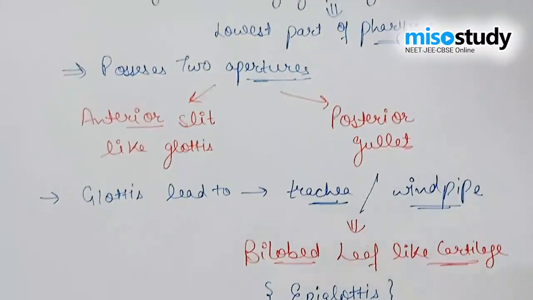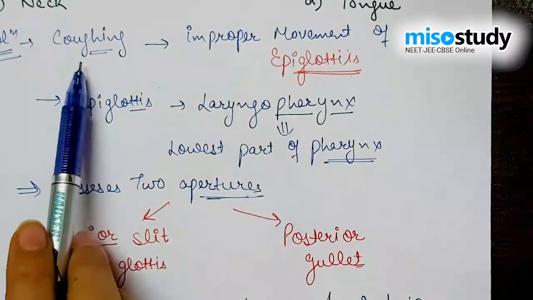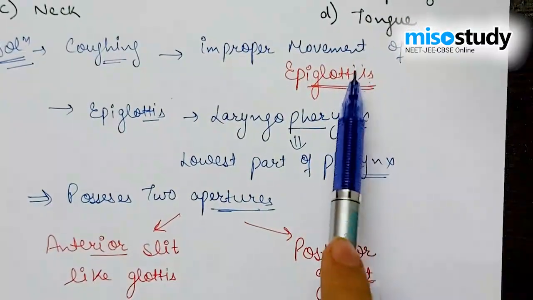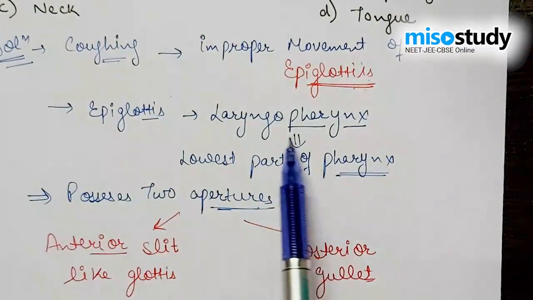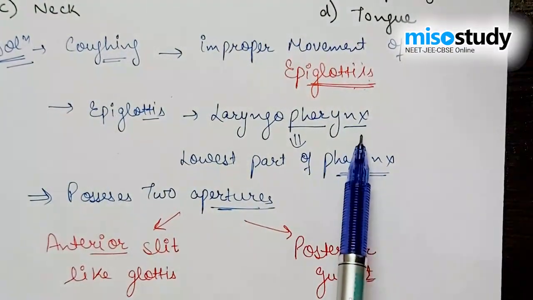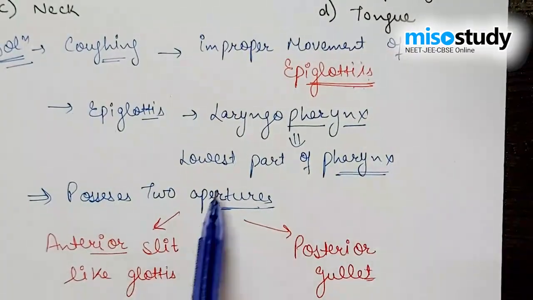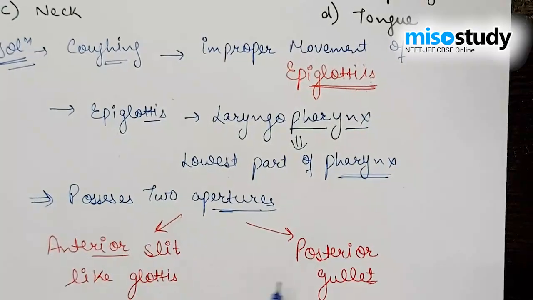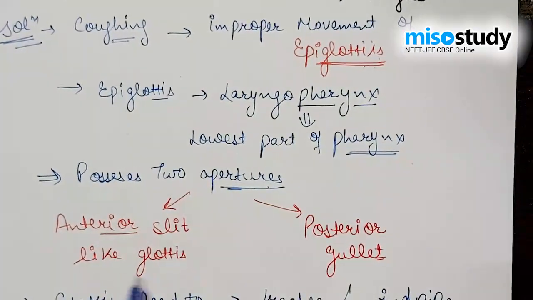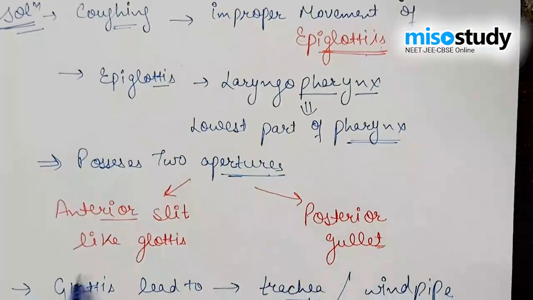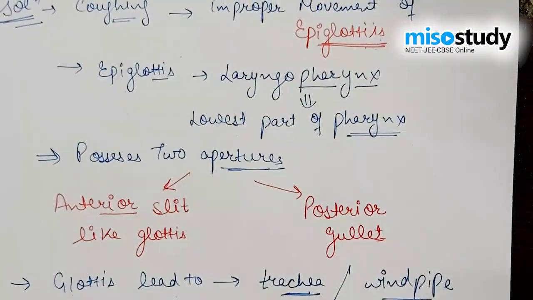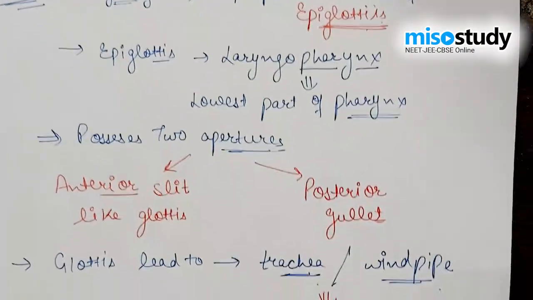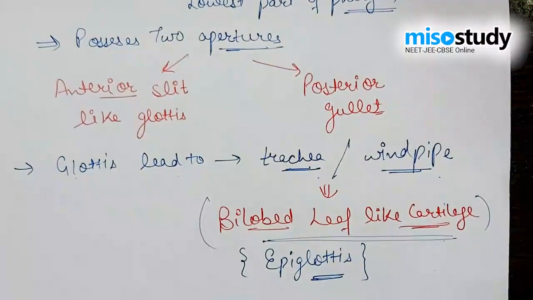What we discussed so far: the friend who faced the coughing did so because of improper movement of the epiglottis. The laryngopharynx is the lowest part of the pharynx that possesses two kinds of openings, the anterior slit-like glottis and the posterior gullet. The glottis leads to the trachea or windpipe, which is covered by the bilobed leaf-like cartilage, also known as the epiglottis.